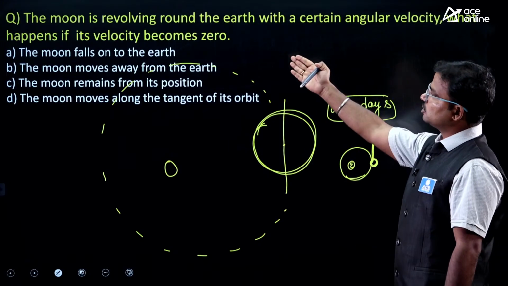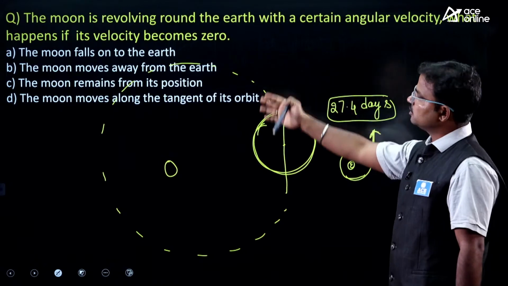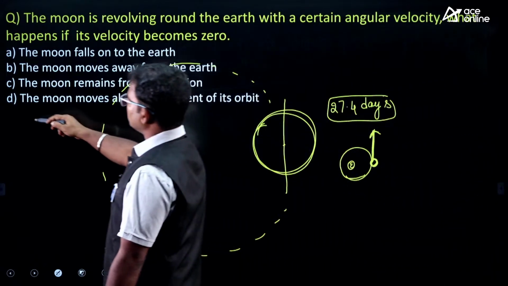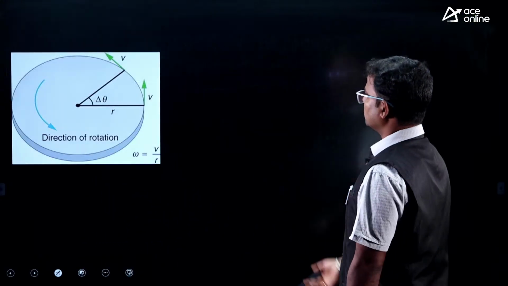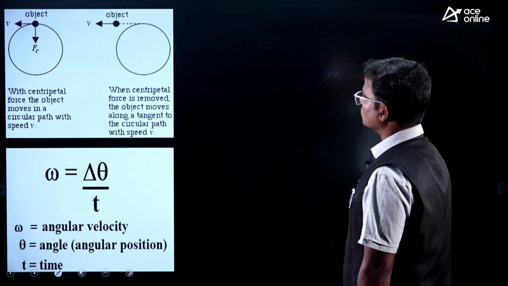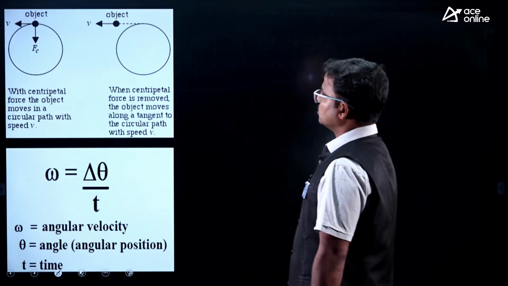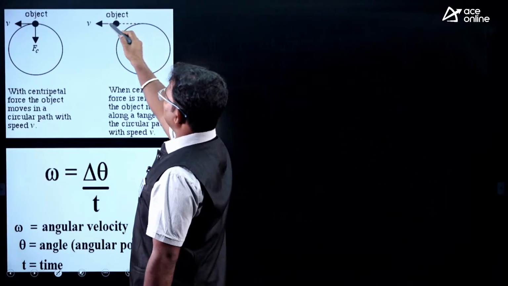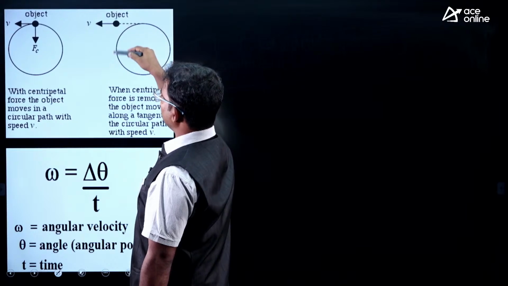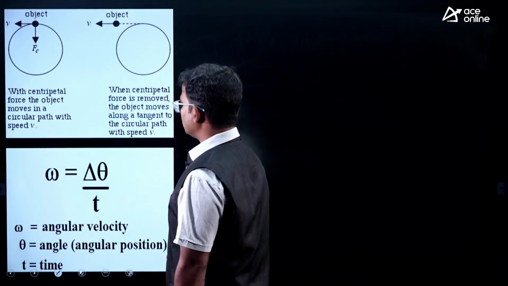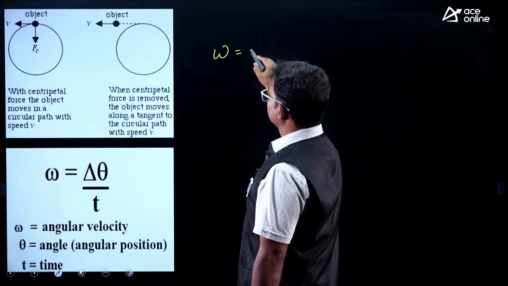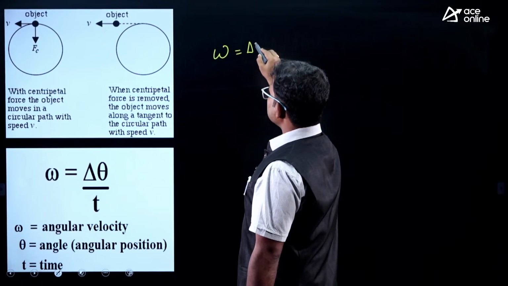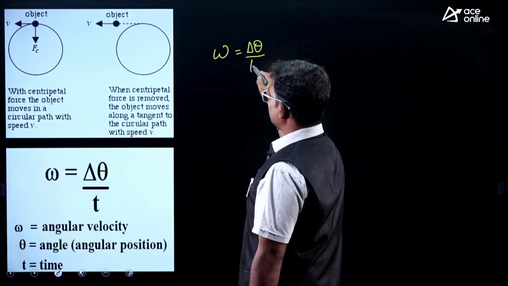So here they mention the velocity would be 0, then option 4 is the correct one. The moon moves along the tangent of its orbit, so it is completely deviated from the orbit. Angular velocity ω is equal to Δθ by t.